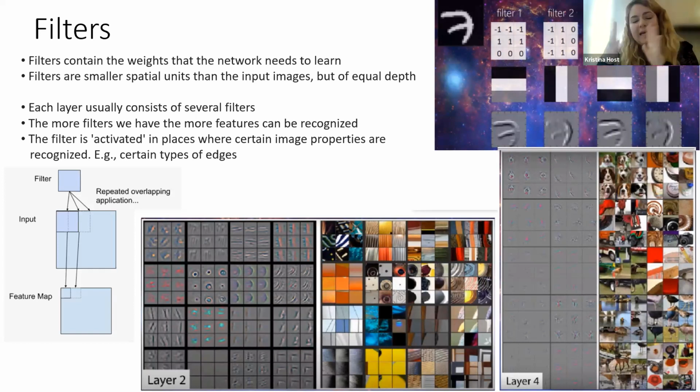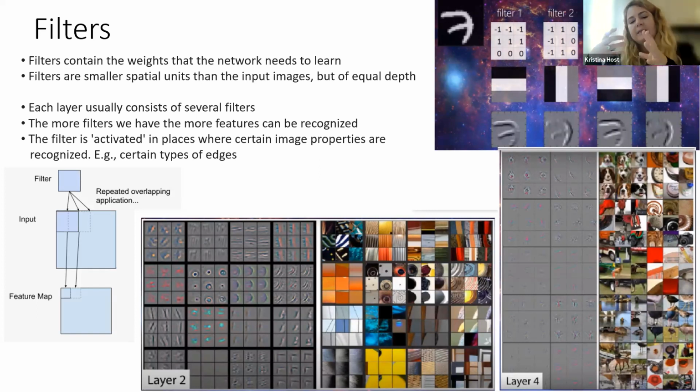Each convolutional layer usually consists of several filters, and the more filters we have, the more features can be recognized. At the beginning, in the first convolutional layer, we can detect some edges, some contours, and similar.